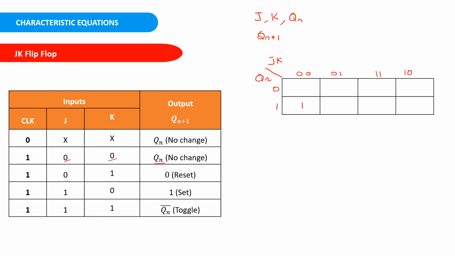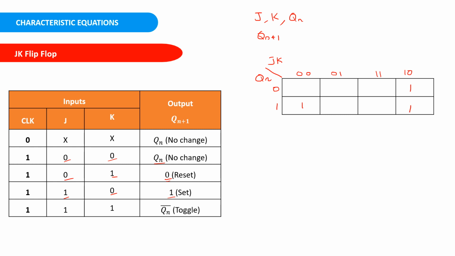Now when J, K is 0 1, irrespective of the previous state, you will get a 0 value. Similarly, when J and K is 1 0, irrespective of the previous state, you will get 1 as the output. So here it will be 1 1.